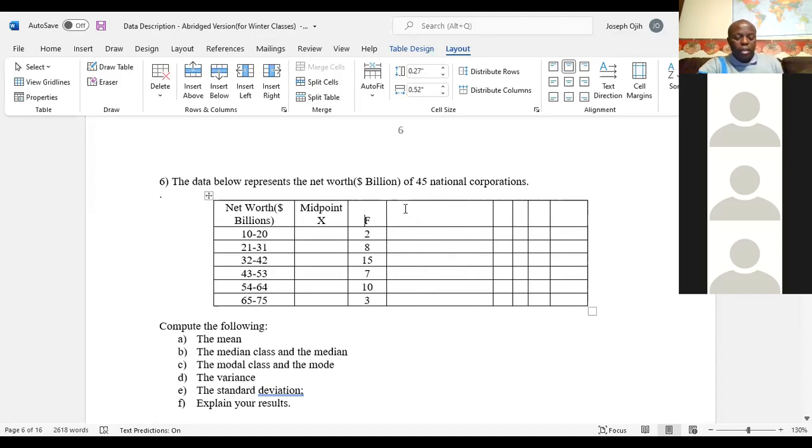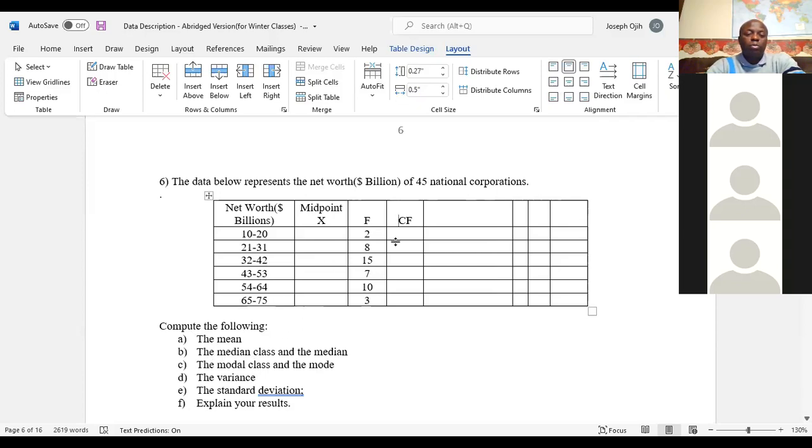So next is to get our cumulative frequency, CF. I showed you how to get cumulative frequency when we were doing data presentation, when I explained that the first frequency stays the same. So we need this to be able to get the median class and the modal class.